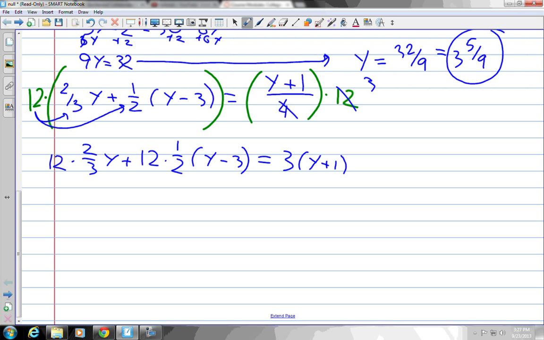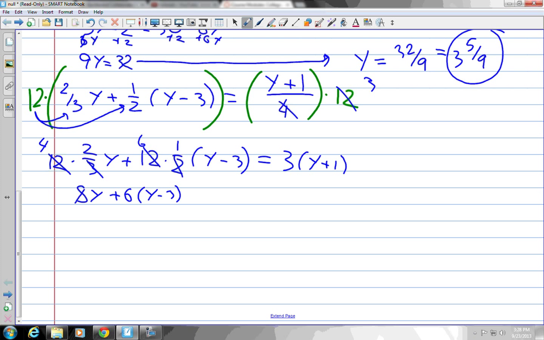So here, what is 12 times 2/3? 3 goes into 12 4 times. 4 times 2 is 8, so 8y. How many times does 2 go into 12? So it becomes 6 plus 6 times y minus 3.